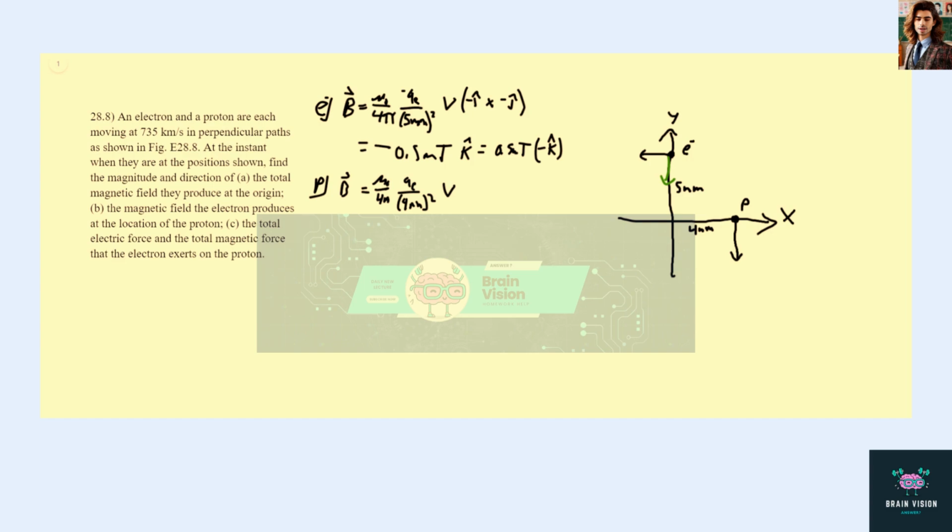The direction is down, so negative j hat. And then the r vector this time is in towards the origin. So it's going to be cross product with negative i hat. And negative j hat cross negative i hat is going to be negative k hat. So again, we're going to have a positive number out front like we have here, but then negative k hat. So that's going to be 0.7.